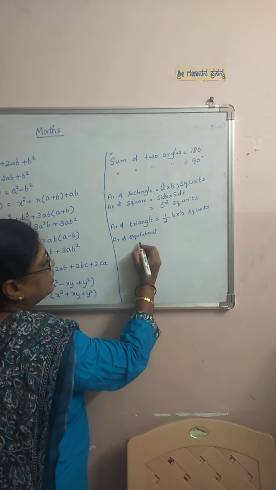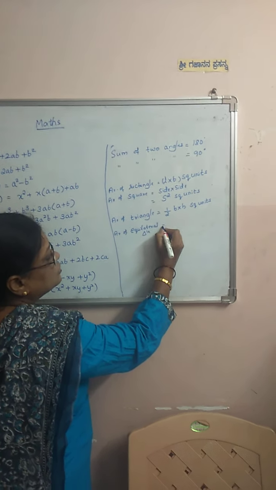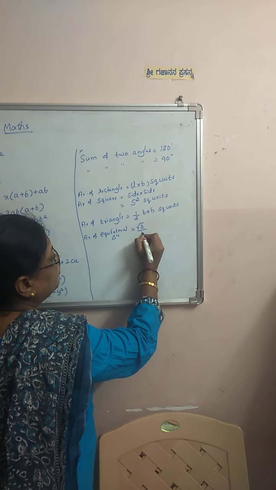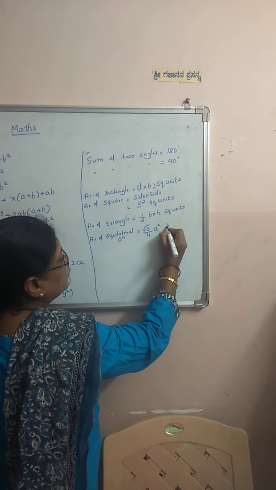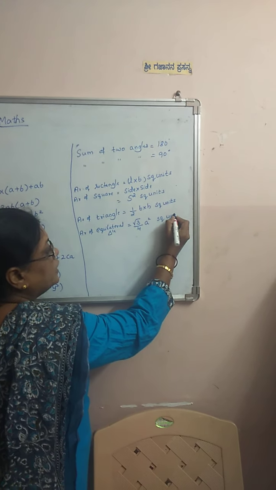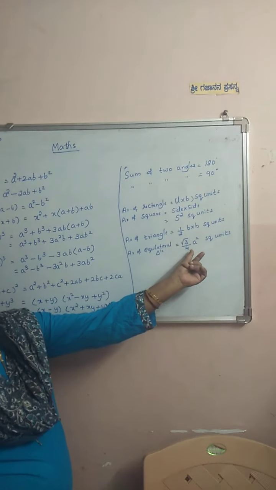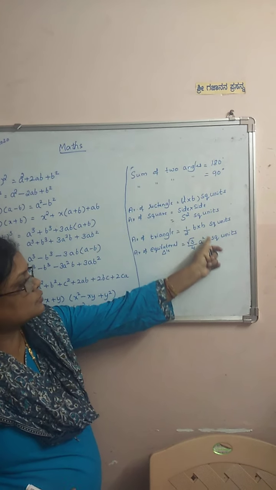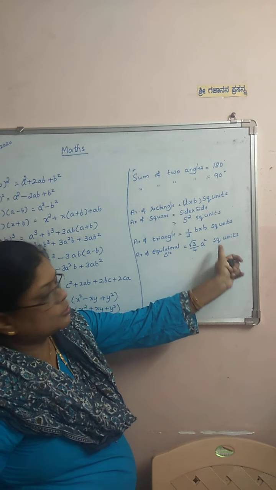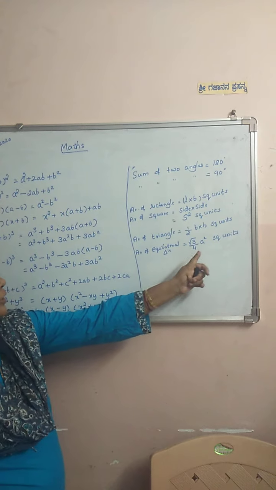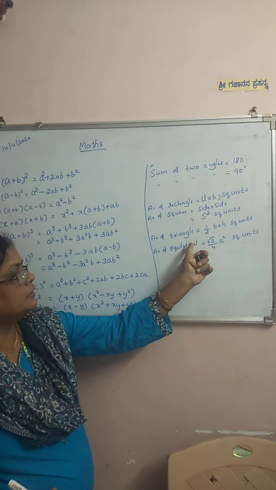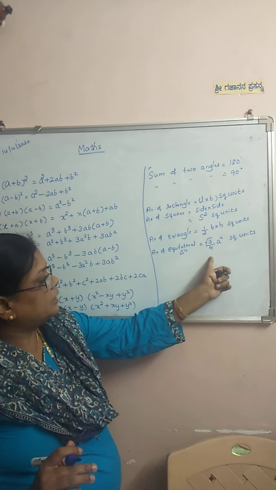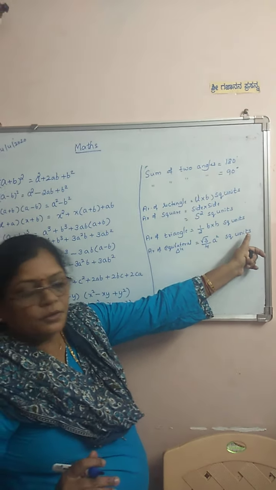We are using this here, so please be thorough with all these formulas. Root 3 by 4 a square, square units. Here a square indicates the side square. This is also measured in square units. That is the area of the equilateral triangle. It is calculated by using root 3 by 4 a square, square units.